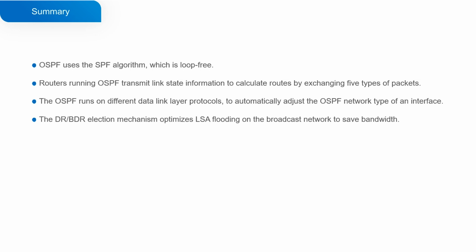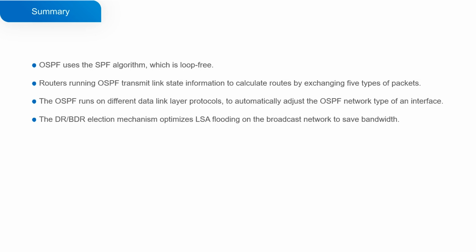After we receive the LSU, we use LSACK to reply to the LSU packet, to tell our neighbors I have received the newest LSU information, and I will add the LSA entry into my LSDB. So these are the 5 types of packets.